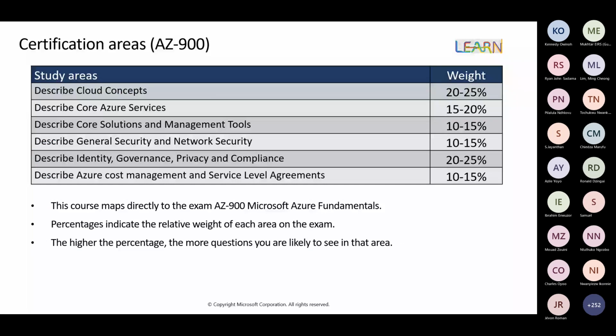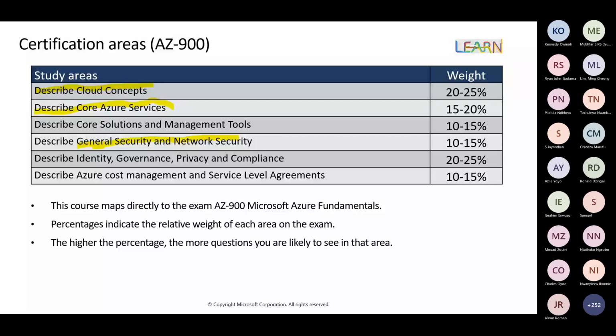As I said, it basically talks about the fundamentals. We'll be discussing describing cloud fundamentals, understanding cloud computing. We'll discuss core services, and how security or network security is provided. And finally, we'll conclude with the topics of service level agreement and cost management.